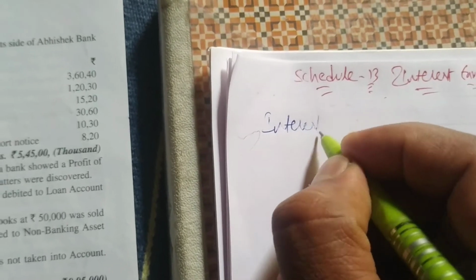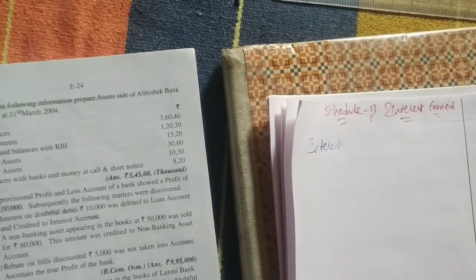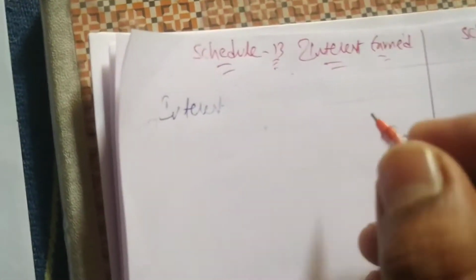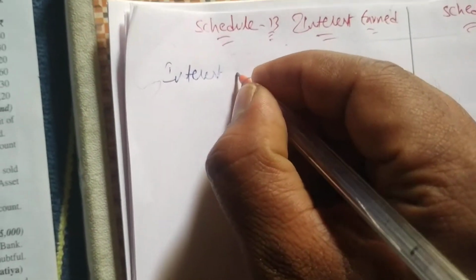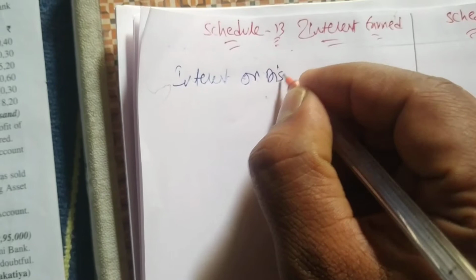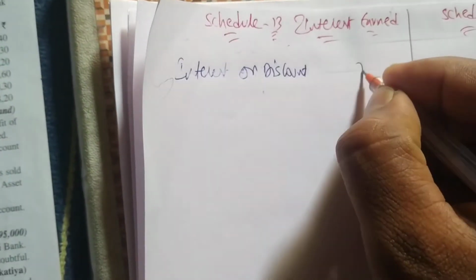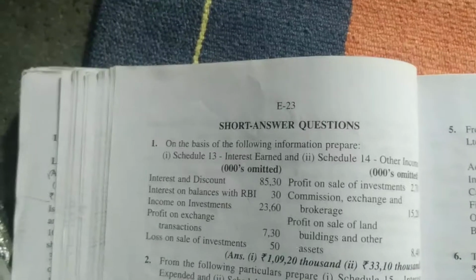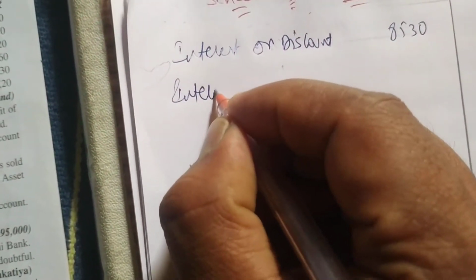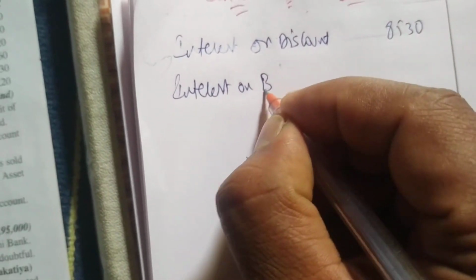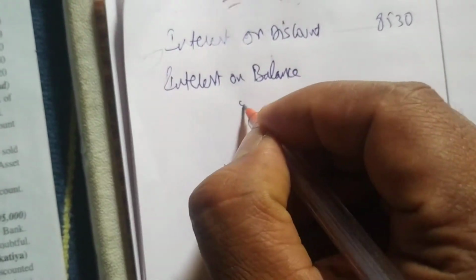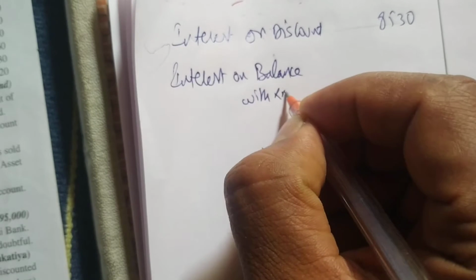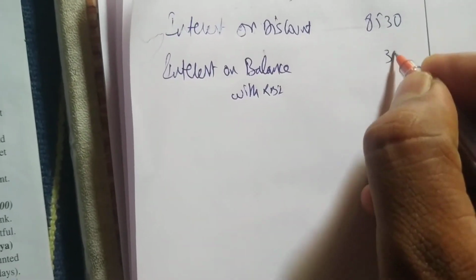Interest earned, interest on discount and discount we are having 8530. Next we are having interest on balance with RBI 30, interest on balance with RBI we are having 30.